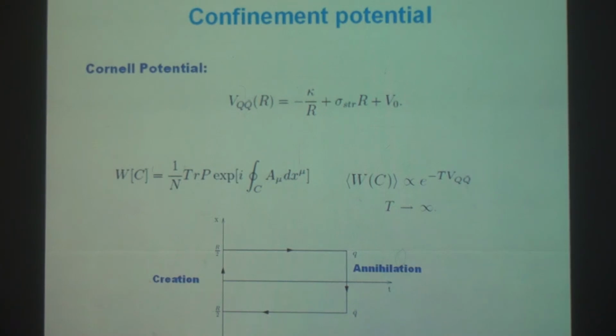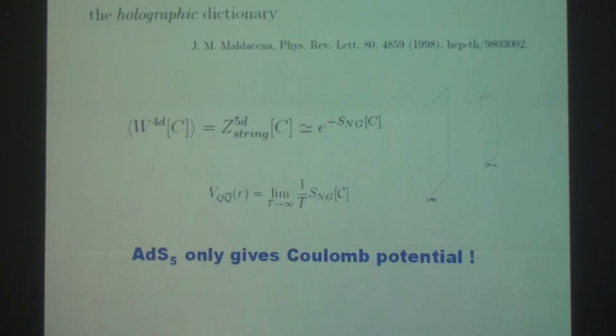So how do they do this in AdS/CFT? This was done by Maldacena and also some Korean people. Of course, this is a kind of holographic dictionary. Basically, you have to calculate this Wilson loop, but you embed it in your fifth dimension, right?